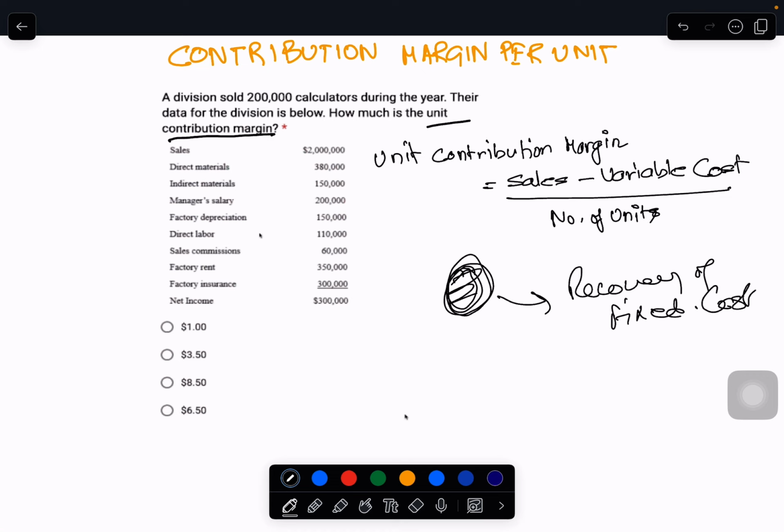When we make each additional unit in sales, how much does that additional unit contribute towards the recovery of the fixed cost?